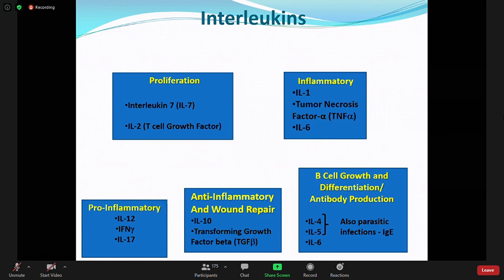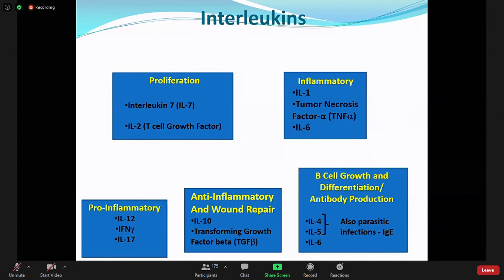For the anti-inflammatory and wound repair group, the two major cytokines are interleukin 10 and TGF-beta. These counteract the effects of the inflammatory cytokines, and they can also prevent their production. And then we have the cytokines which induce isotype switching from IgM to IgG or IgA.